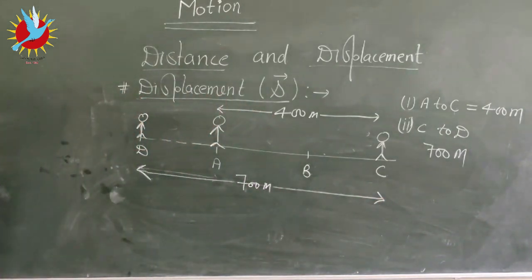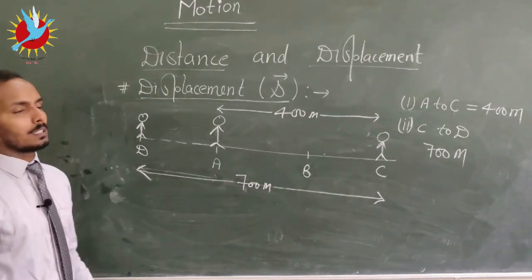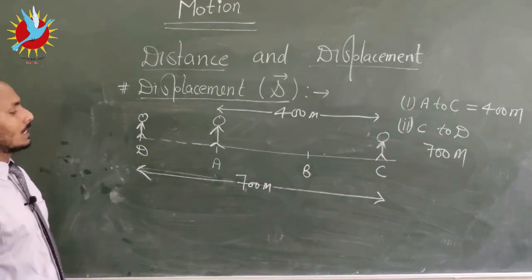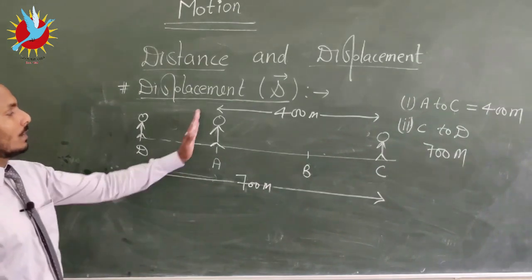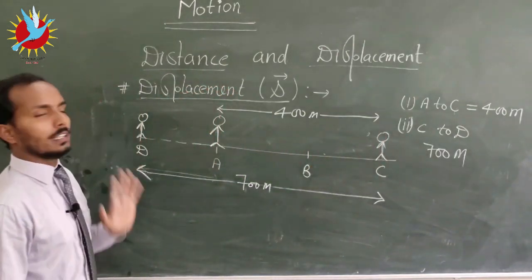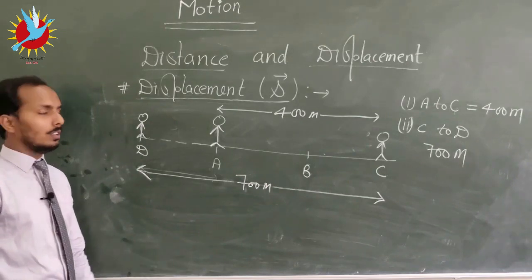Then the question is: what is the distance and displacement of the whole journey? First it goes from A to C, then C to D. Then calculate the total distance and displacement of the whole journey.